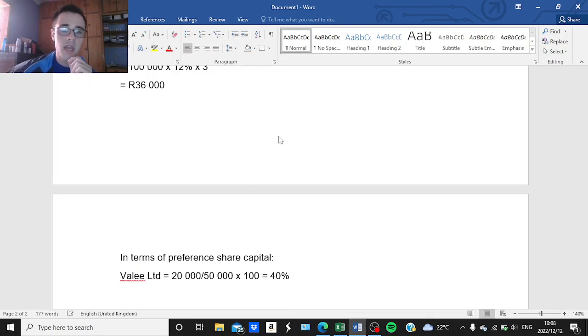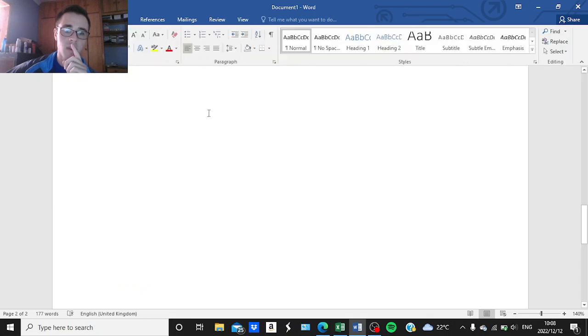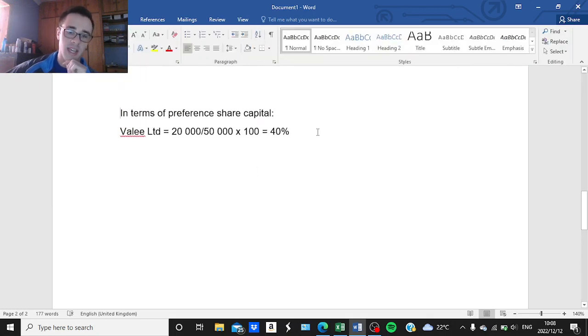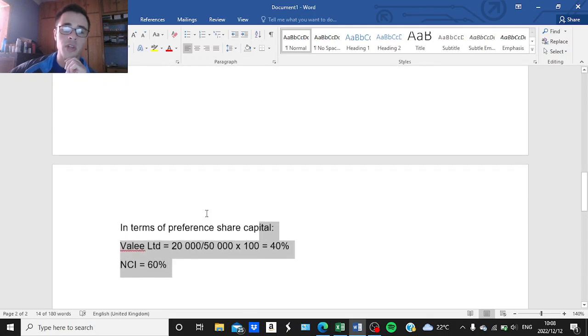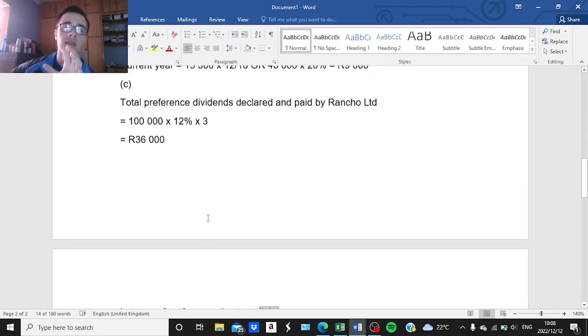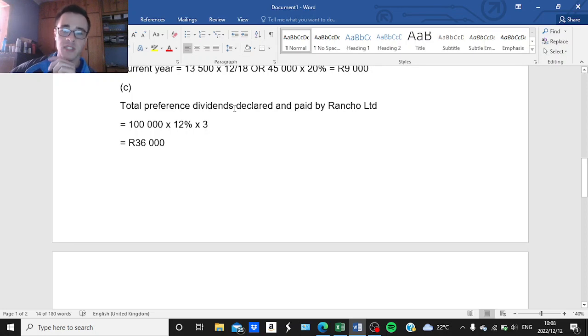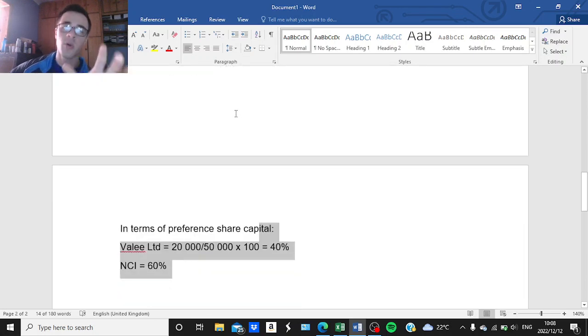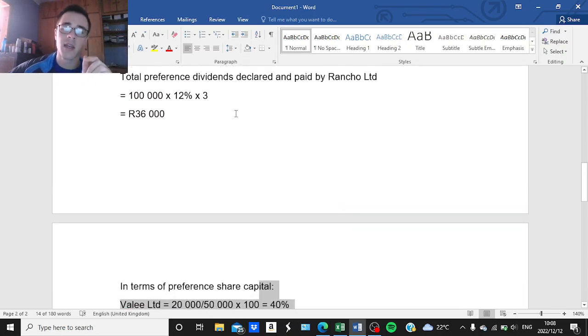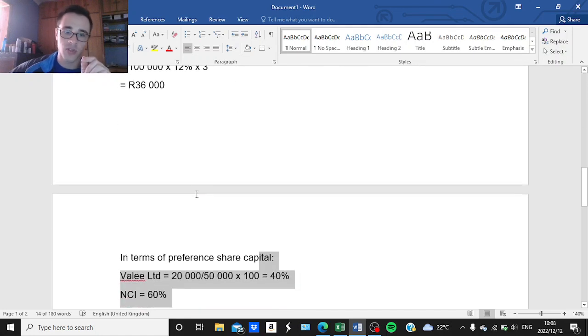So if the parent has a 40% share in the subsidiary's preference share capital, the NCI or the non-controlling interests would take up the remaining 60%. And these are the percentages that we will use in order to calculate the intergroup preference dividend, as well as the preference dividends that were paid to non-controlling interests.